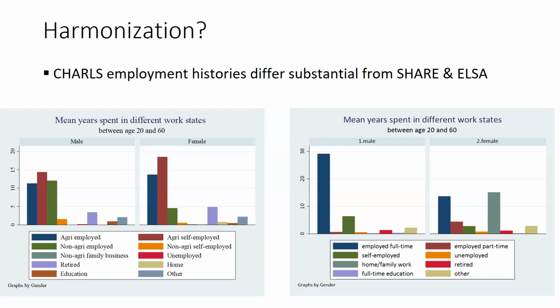And you can manipulate the do file to make CHARLS a little bit more like Cher and ELSA, but we decided that, at least in our view, employment histories are so different between CHARLS and Cher and ELSA that CHARLS should have its own format. You see here that being at home for women in the European context is quite important, whereas as you have seen in the CHARLS context, this does not matter that much.